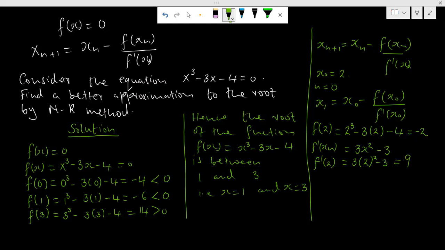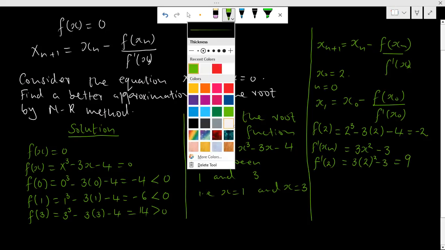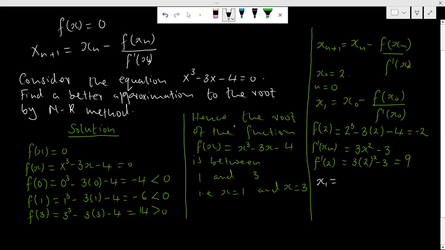So we substitute into our formula to have x1 is equal to x naught, which is 2, minus f at x naught, which is negative 2, over 9. If you evaluate this, you'll get x1 is equal to 2.22.